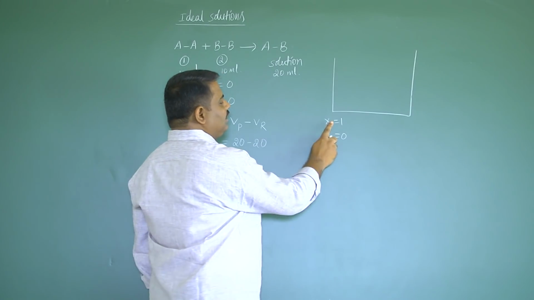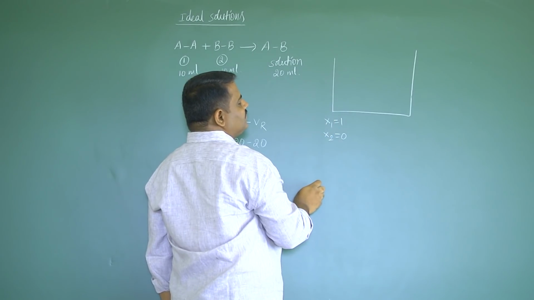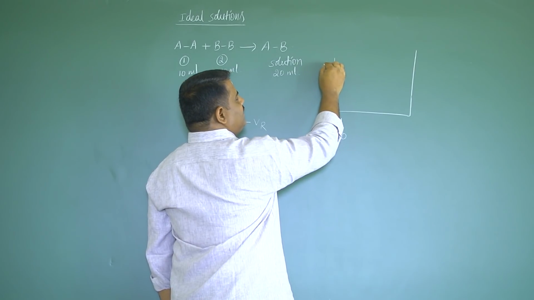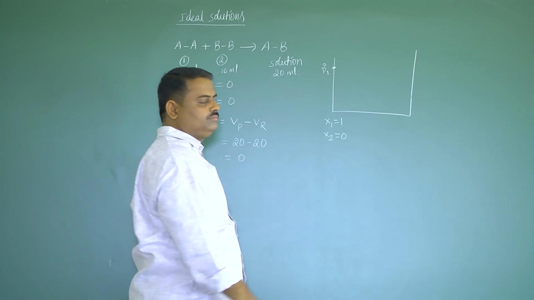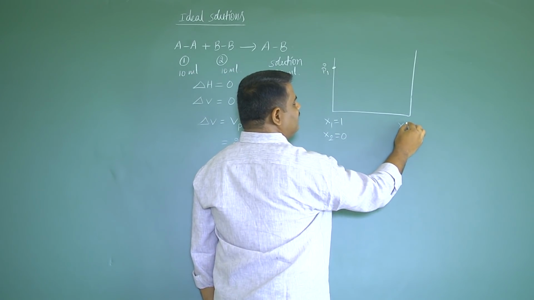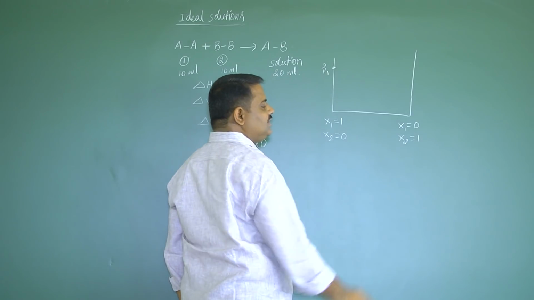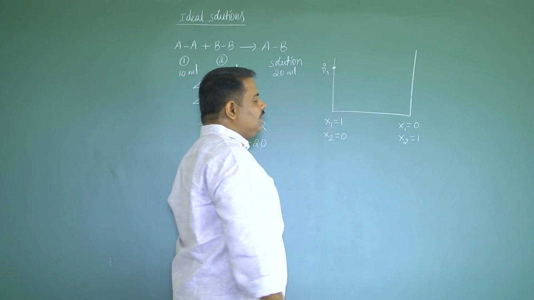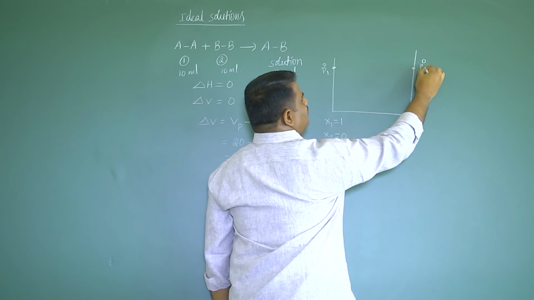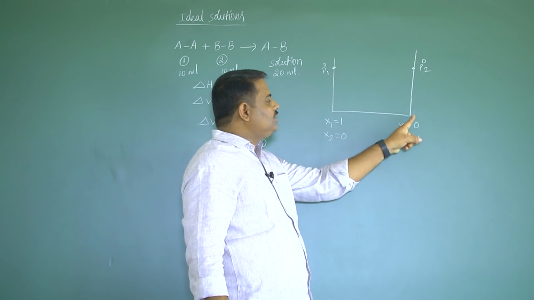That means at this particular line we have only one pure component. Here vapor pressure of pure component is written as P01. Come to the second line here, where x1 is equal to 0 and x2 is equal to 1. This is the second component. Now here, this point we can write as P02. This is vapor pressure of pure component 2.